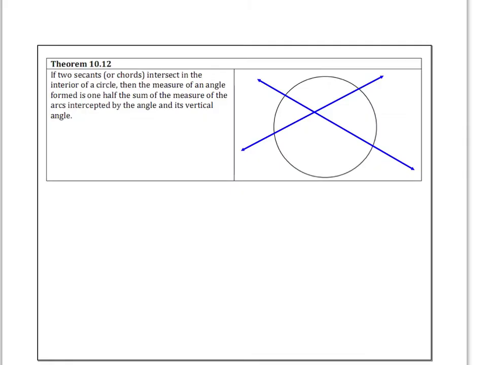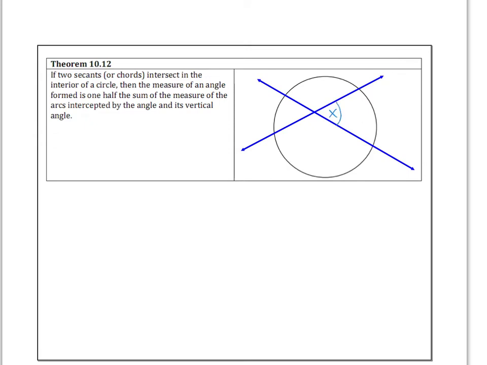If two secants or chords intersect in the interior of a circle, then the measure of an angle formed is 1/2 the sum of the measure of the arcs intercepted by the angle and its vertical angle. That sounds pretty confusing, so let's go through an example. Let's say we want to find x. We want to figure out how big this angle is.